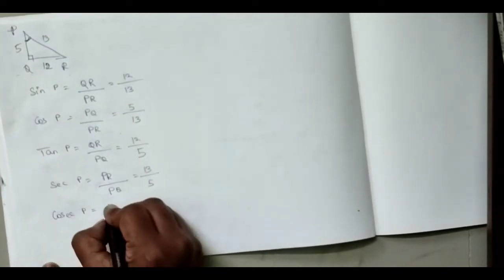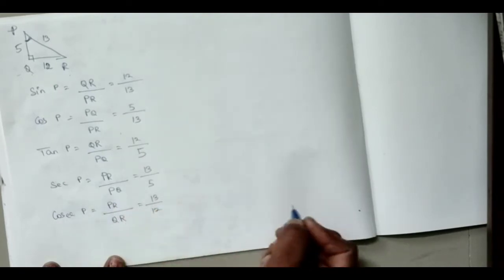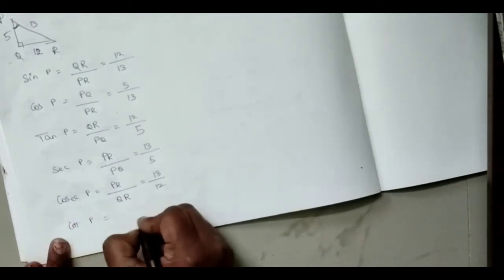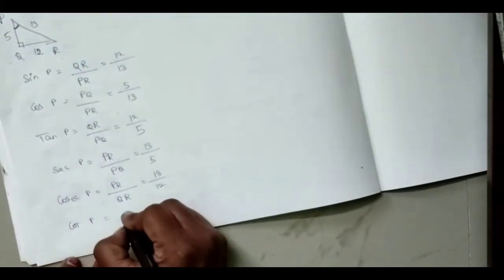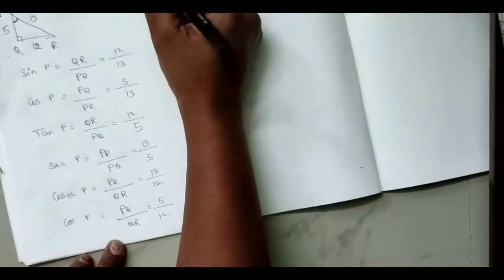Cosecant is going to be hypotenuse PR divided by the opposite, QR. So it is 13 divided by 12. And finally, cot P is going to be 1 by tan, or we can say adjacent divided by opposite, which is 5 by 12. So we have derived all the trigonometric ratios.